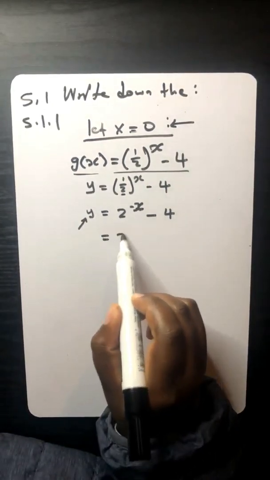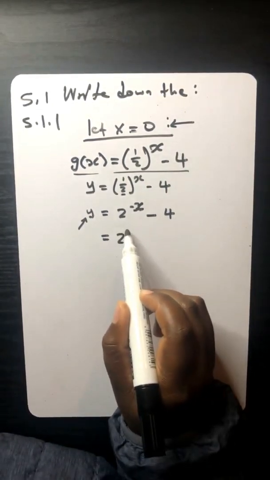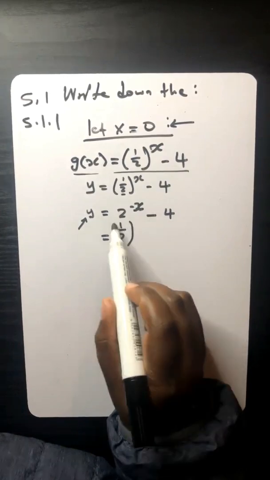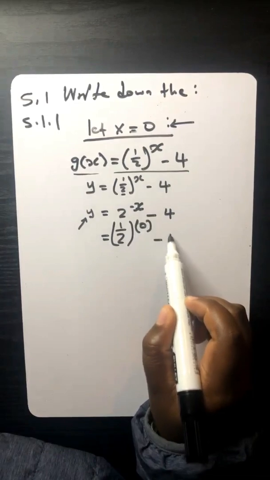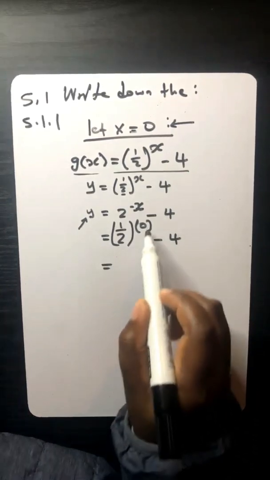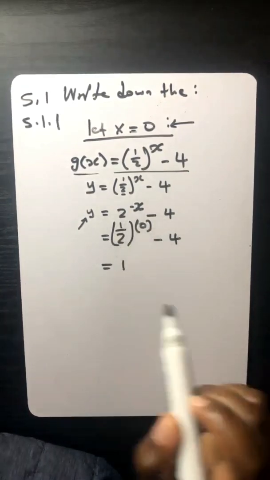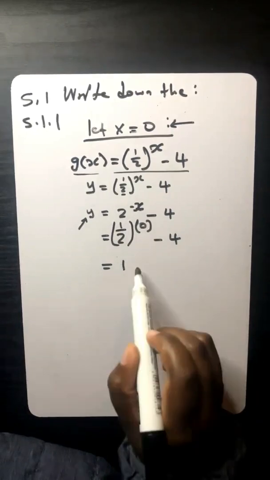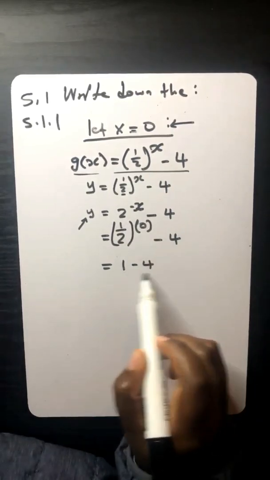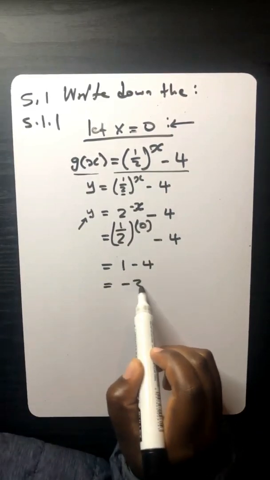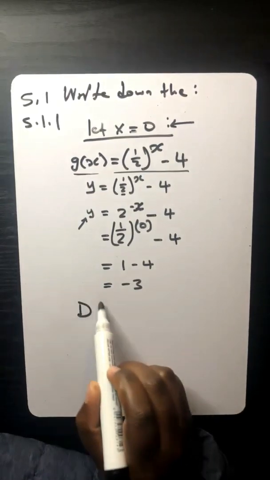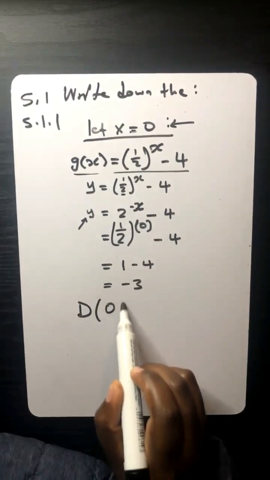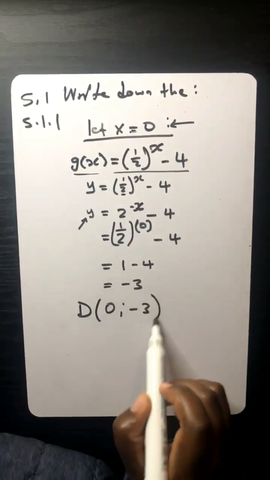So where we see x, we substitute 0. We substitute 0 there in brackets, then minus 4. Everything to the exponent 0 is 1. Then it's minus 4, so this is negative 3. So the coordinates of D are actually (0; -3).